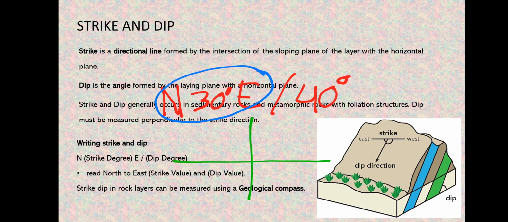So we draw a line like this, from this to this, 30 degrees. The dip direction must just be drawn like this, and it must be perpendicular to the strike direction. Okay, this is so simple. And strike and dip in rock layers are usually measured with a geological compass.